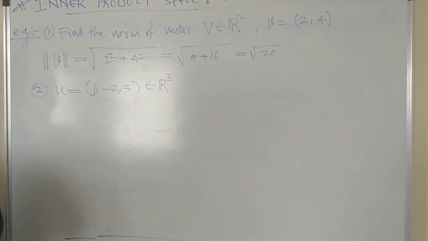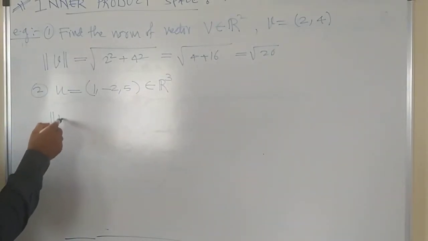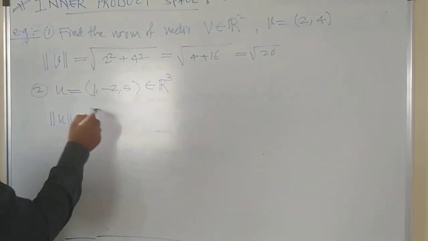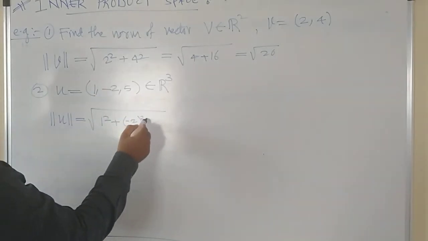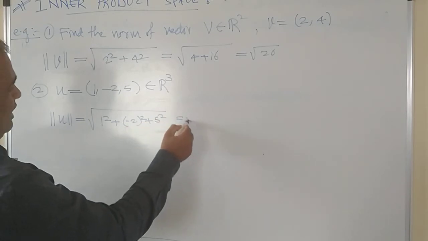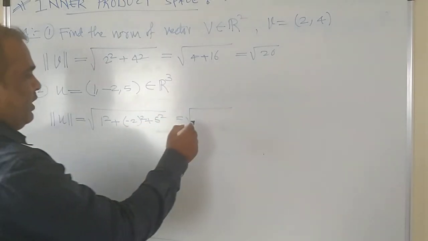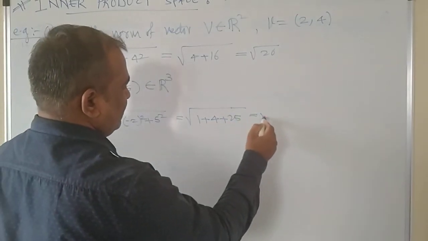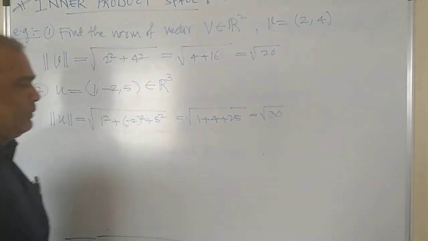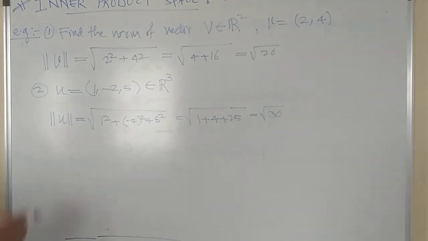The norm of this vector u is the square root of the sum of the squares of its components, that means 1 square plus (-2) square plus 5 square, which gives 1 plus 4 plus 25, which equals root 30. So this is how you can calculate the norm of a vector, which is very simple, but very important for understanding the Gram-Schmidt orthogonalization process. Let's take one more example.